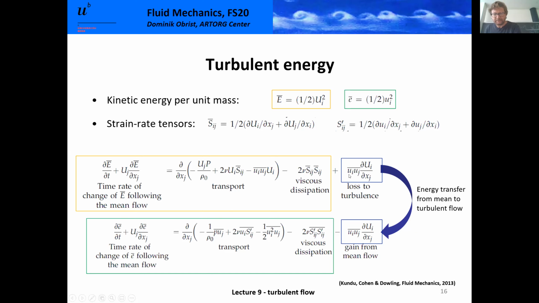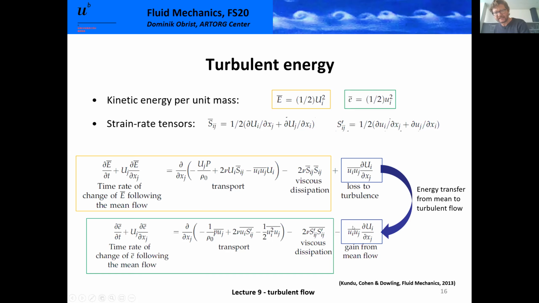When you look at them, you see again this covariance, which we called before the Reynolds stress tensor, which happens to be typically negative for a positive shear rate of the mean flow. So this is a negative term here, which means it will drain energy from the mean flow.